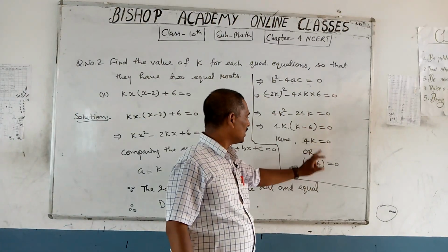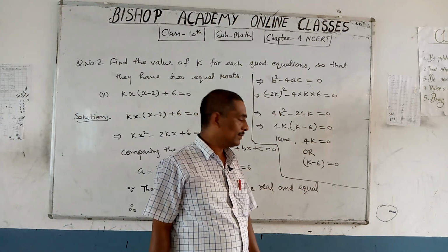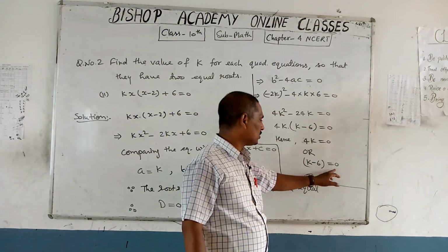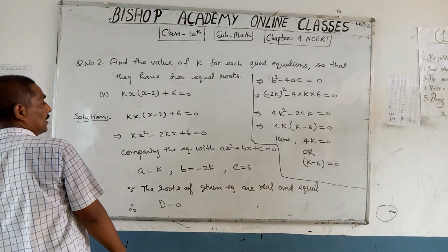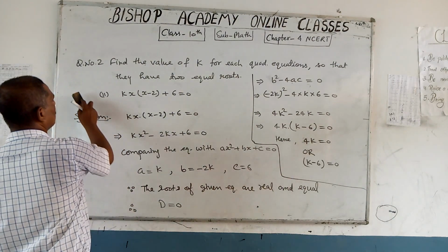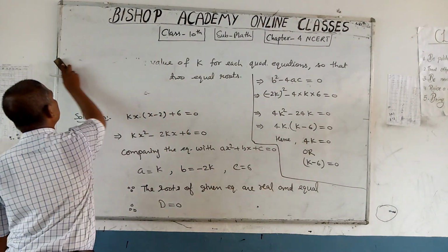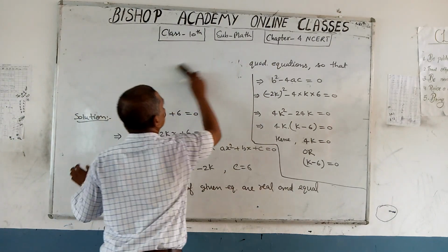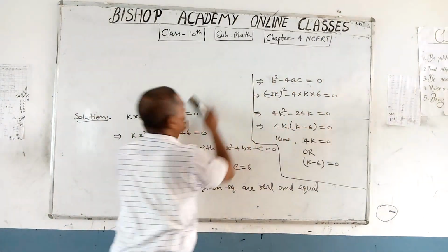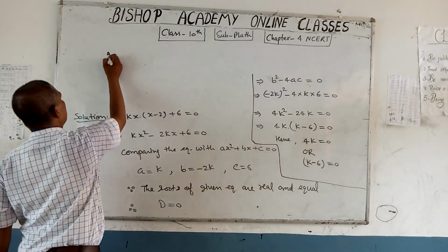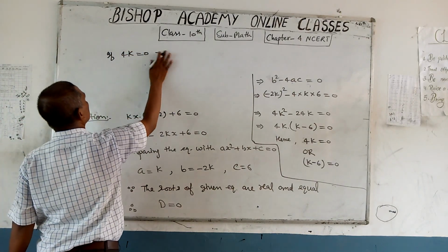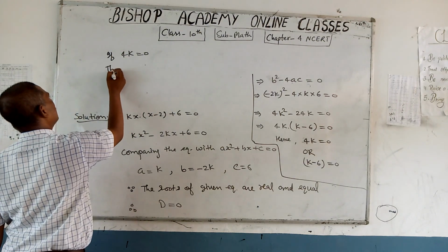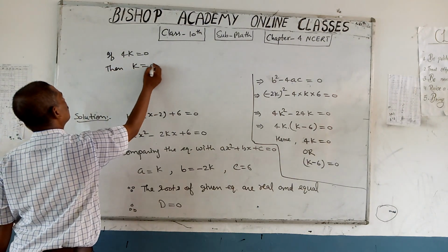तो यहाँ यदि हम 4k is equal to 0 ले रहे हैं तो आपको k की वैल्यू 0 मिलेगी, और यहाँ k minus 6 is equal to 0 ले रहे हैं तो k की वैल्यू 6 मिलेगी। इस तरह से in this way you will get value of k. So if 4k is equal to 0, then k is equal to 0.